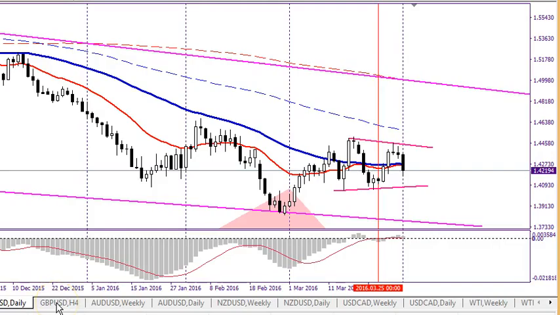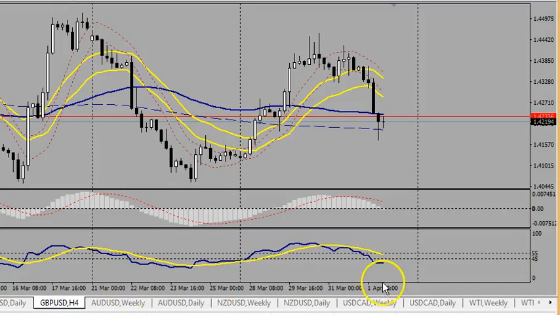I'm going to go down to the British pound USD 4-hour chart. Here we could have gotten an entry for the low, because you can see with this candle here, it closed below the lower yellow line. The blue line is also below the 45 dash, the lower 45 level here, and below the yellow line.